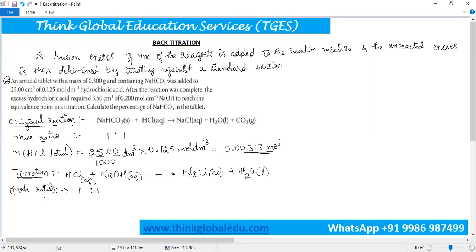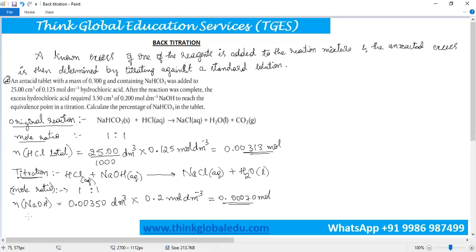So the number of moles of NaOH can be calculated as the volume of the NaOH used multiplied by its concentration, which will be equal to 0.00070 moles.